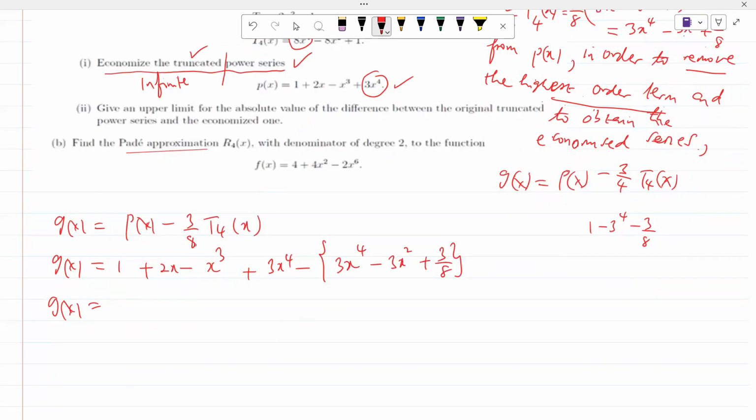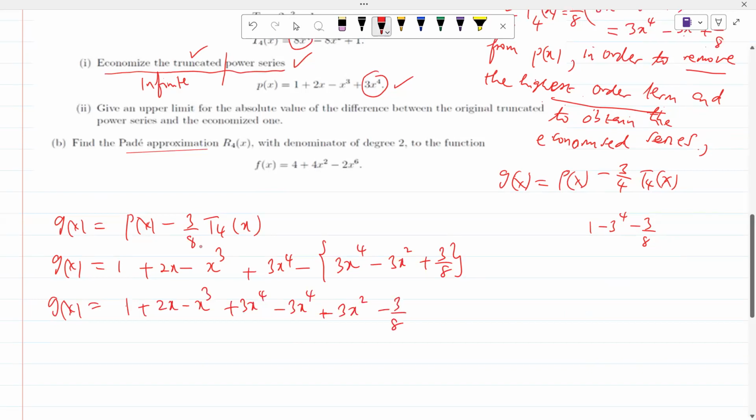We can expand the way we want, so I'm going to expand quickly. You have x cubed, plus 3x to the fourth power minus 3x to the fourth power. We can see that the highest order term is eliminated by this algebraic manipulation.